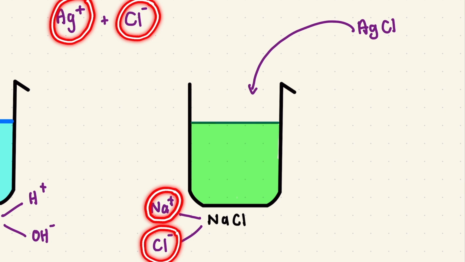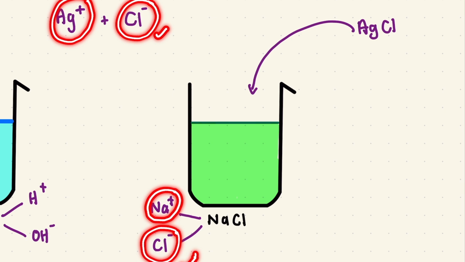Do you see any common ion here? Yes, the common ion in this solution is chloride and chloride ion. So this is what we call as common ion, ion yang sama.